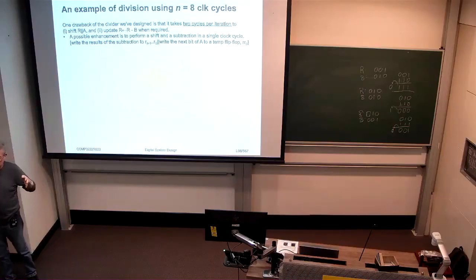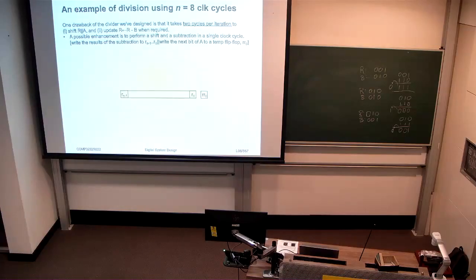When we determine whether R minus B is 0 or positive, we take into account the least significant n minus 1 bits of R and that extra flip-flop. That's the bits that we'll be using. But when we update R, we only update the n bits of the R register. We don't update that least significant bit, the flip-flop.